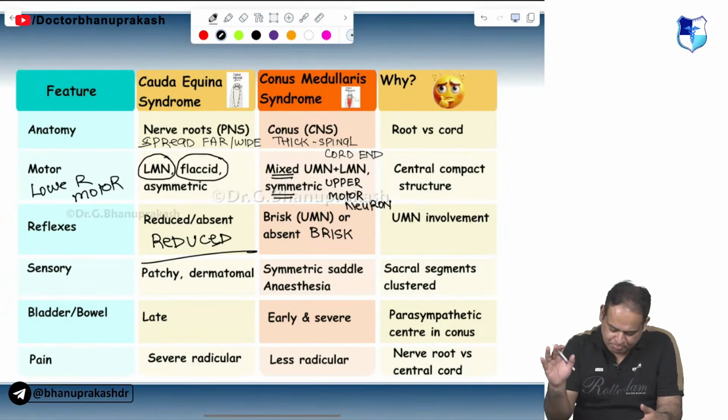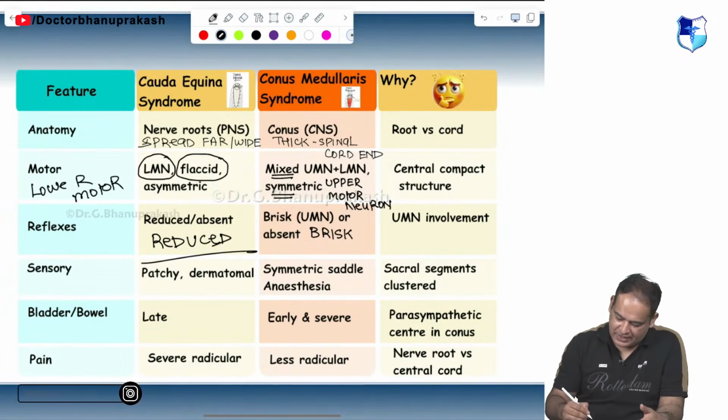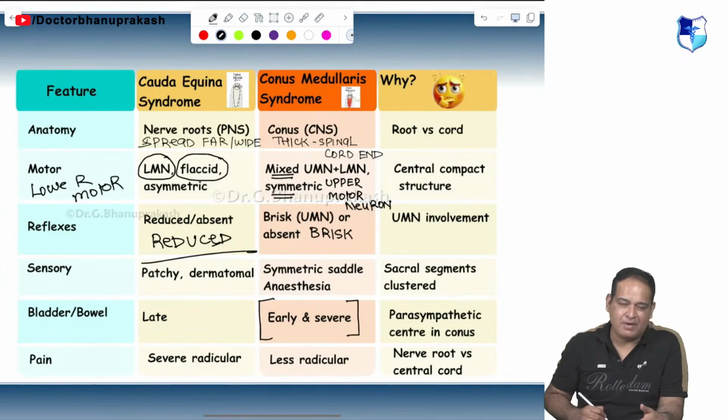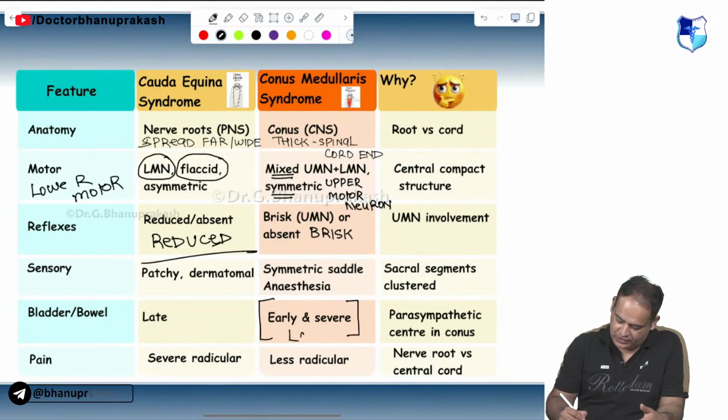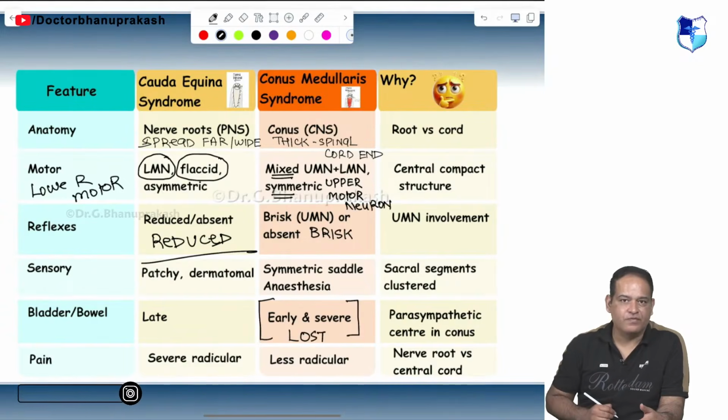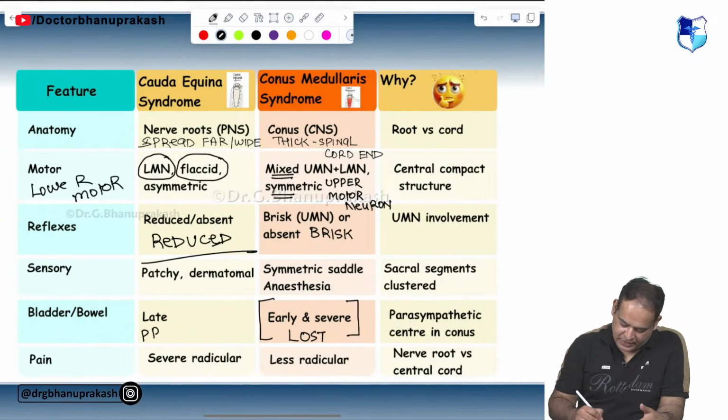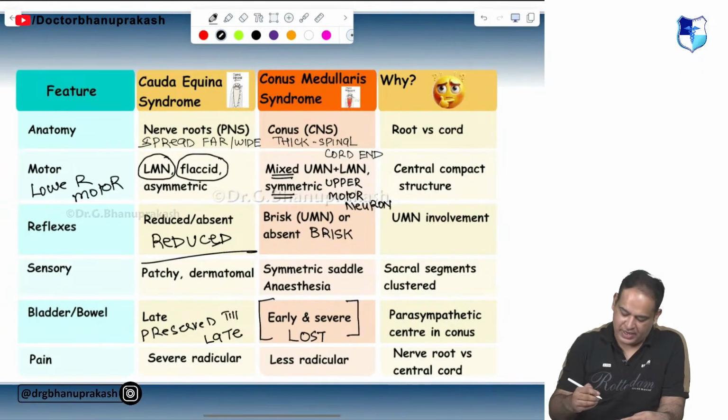You don't want to remember all these things? Perfectly okay. Just remember that in conus medullaris, bladder control and bowel control is lost. Fine. And here it is preserved till late.